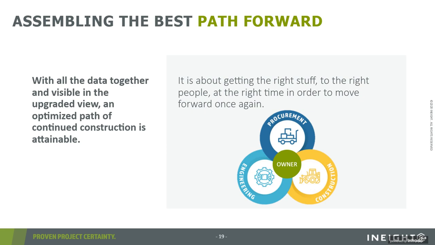How do we adjust the procurement schedule based on what maybe suppliers are telling us or vendors are saying from overseas that have shut down? But if we as the owner have implemented the capital project solution at our level and we're letting them in, then it's all a matter of let's collaborate together, let's work around the owner, and let's get this project back on that best path forward.